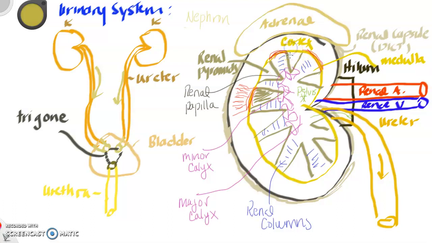And they go into the pyramids from the radiate arteries that start the arterioles, the afferent arterioles that go into the nephron. And it's the nephron that actually does the filtering of the blood. So the next video, we're going to talk specifically about the nephron.